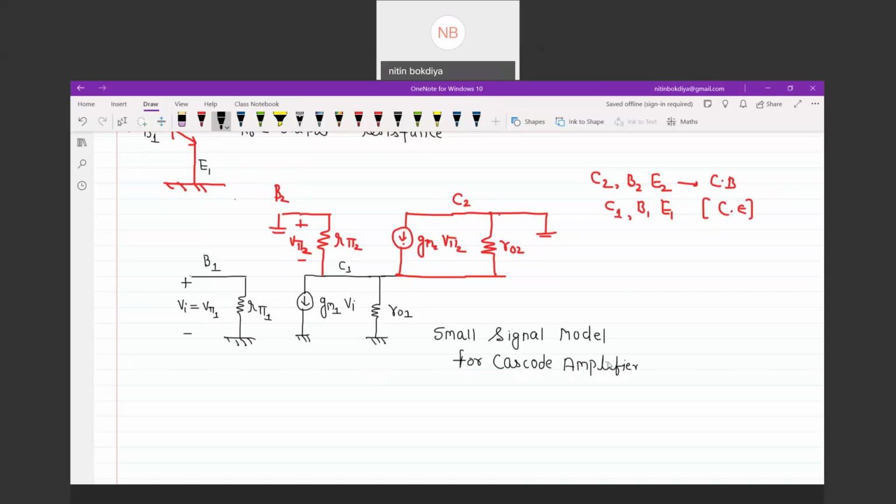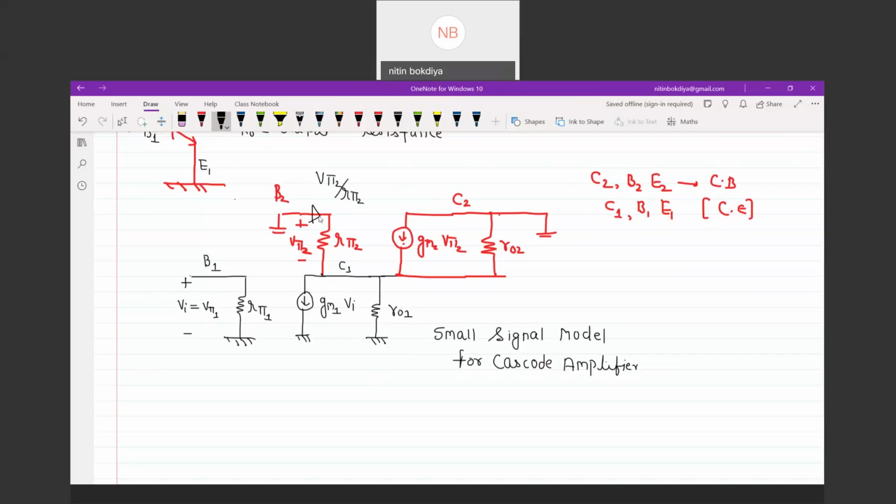So let's calculate every term related to this. This potential is V pi 2, so the current I can draw here is V pi 2 divided by R pi 2.